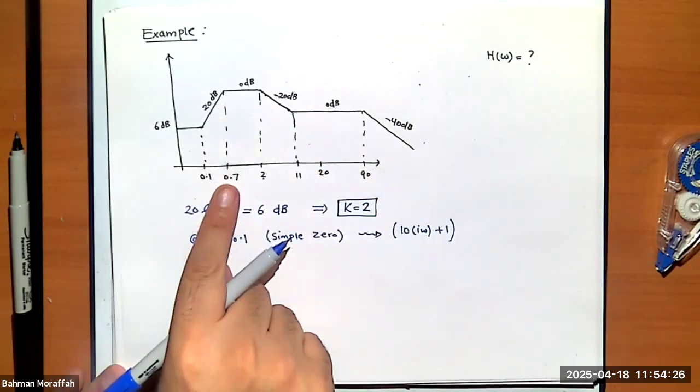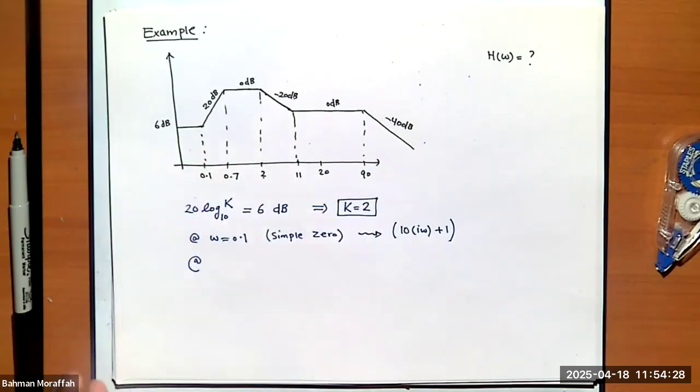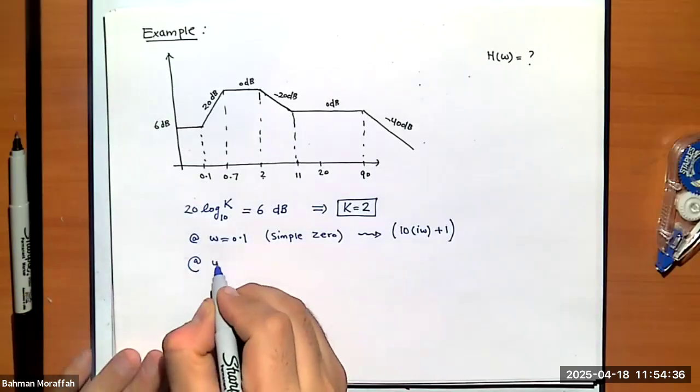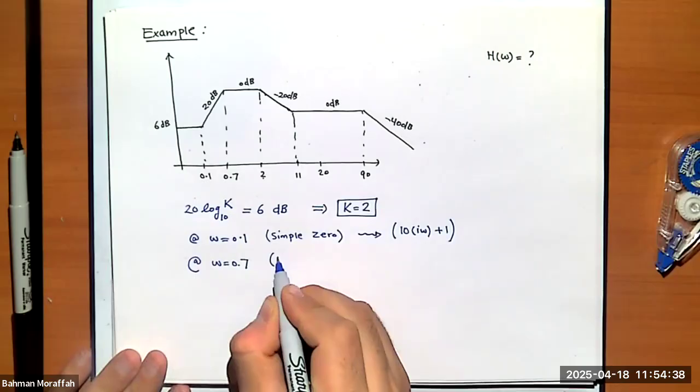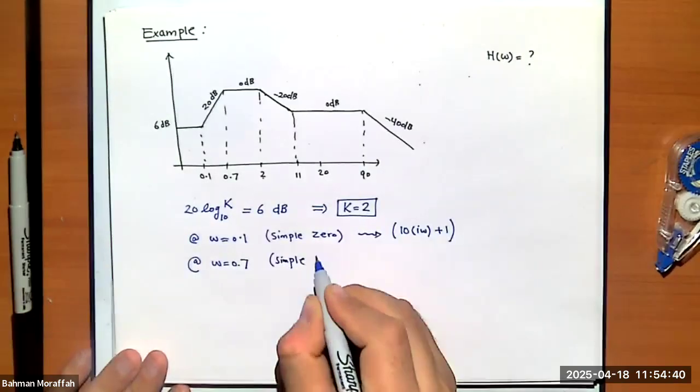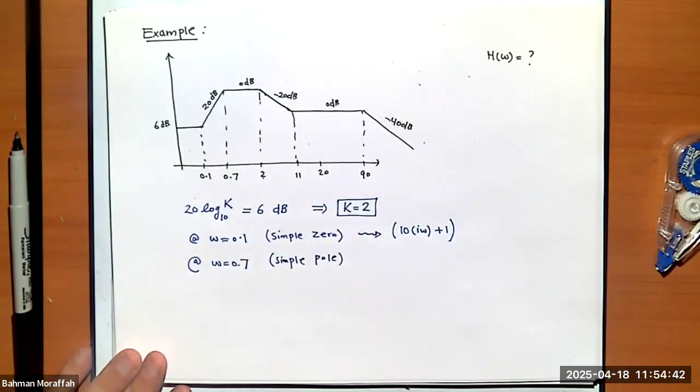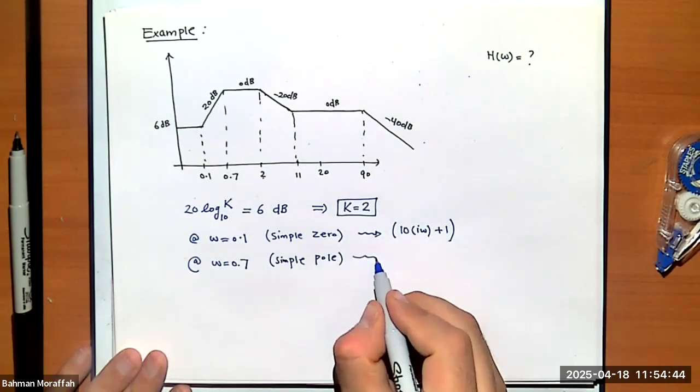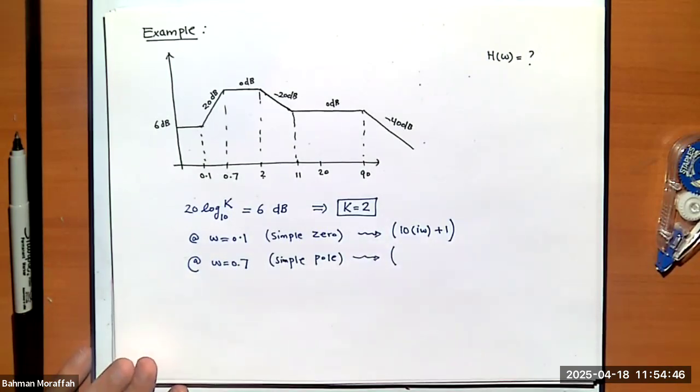It doesn't change till I hit the next breaking point, where I was going up, and then it became flat. It must have gone down by 20. So what it tells me is that at omega equals 0.7, I have a simple pole, right? So this is basically I omega divided by 0.7.